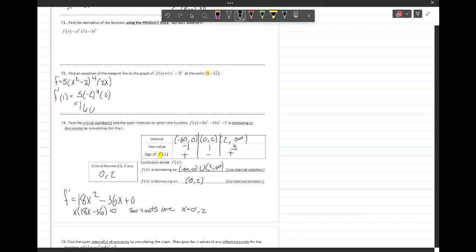And then we'll give our answer in terms of the slope.